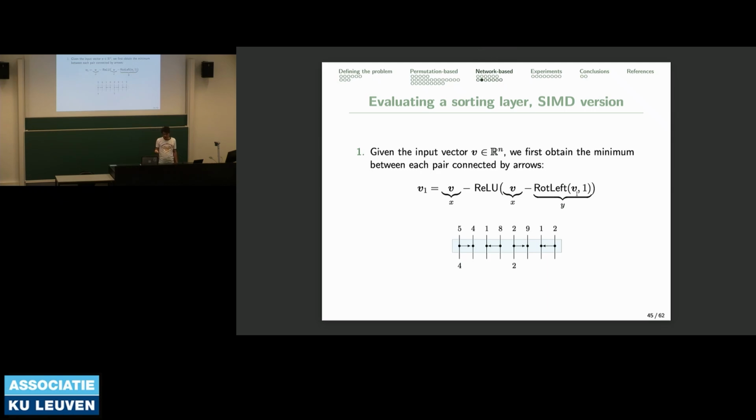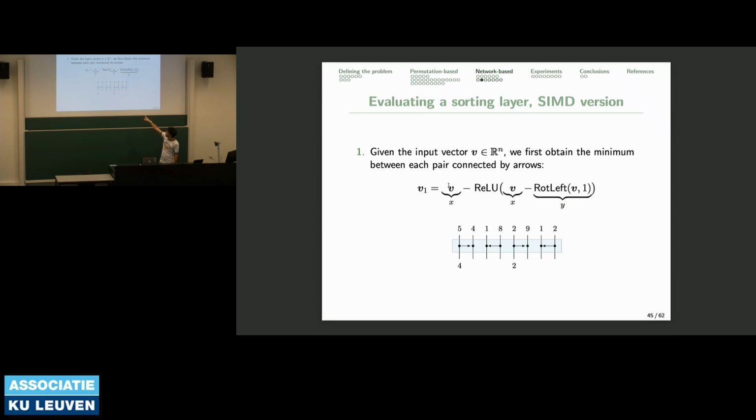The first step is to compute the minimum, and we will use the formula as before: x minus the ReLU function of their difference. If we concentrate, for example, on 5, then we are computing 5 minus ReLU of 5 minus the vector rotated left by one position, so 5 minus 4. So this will be 1, actually. This is 5, and their difference is 4.